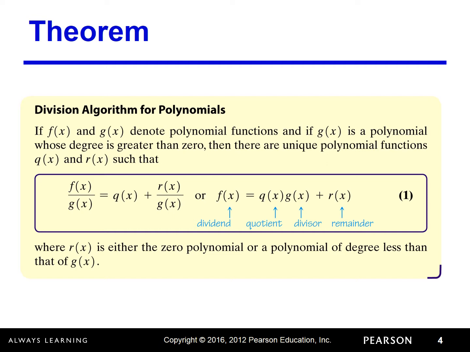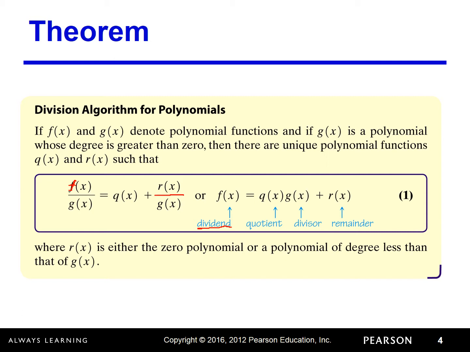Basically, it says that if you do a division, you have a quotient and you put the remainder over the divisor, so that a function, which is a dividend, is quotient times divisor plus remainder. Let's make a very simple example to illustrate that you already know the division algorithm.